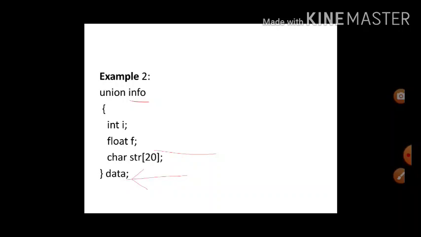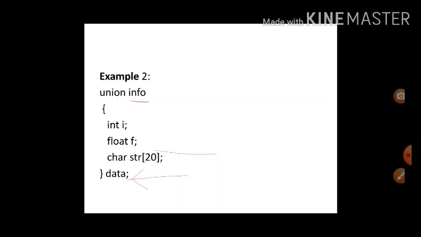You can use any built-in or user-defined data types inside a union based on your requirement. The memory occupied by a union will be large enough to hold the largest member of the union. This is an important point you need to remember.